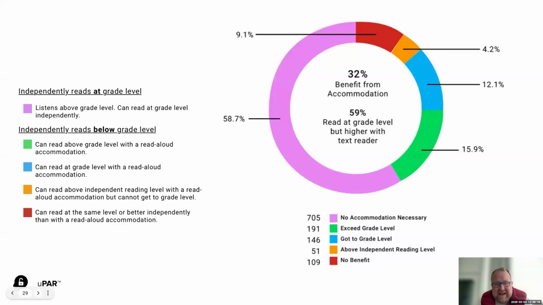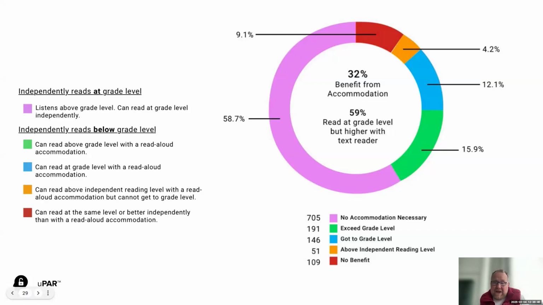So let's take a look at what the data looks like. This is a summary circle. Here I have well over 1,000 students in my data, and these are all of our possible outcomes. Over on the side, that's your key, if you will. Any of the students in purple, those 705 students, independently read at grade level already.